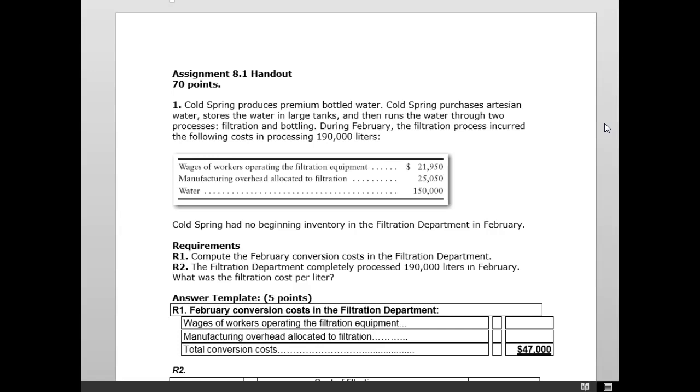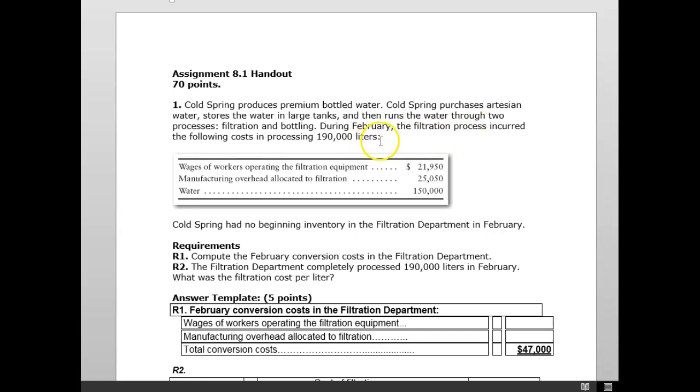Grain would be process cost. Making cookie batter would be a process cost. A little bit different than job cost, where you have a specific unique product you're making and you can identify each one of them. So let's start with assignment 8.1 and exercise 1.